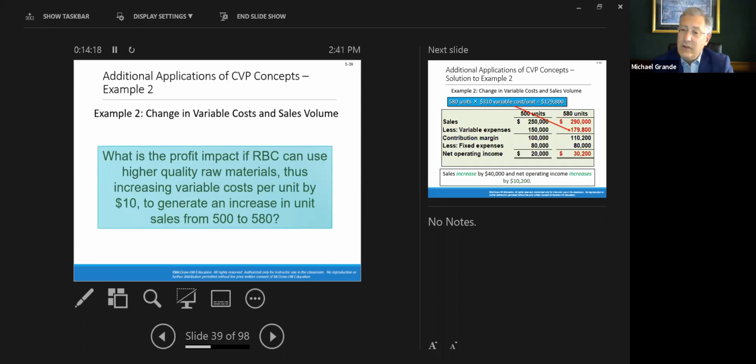So revenue is going to go up by 80 units times $500 a unit. But the contribution margin is also going to go up, right? Because the contribution margin is going to go up by 80 units times $200 per unit. But not really, because what happens here? They're going to increase the variable costs per unit by $10. So the contribution margin per unit goes down.